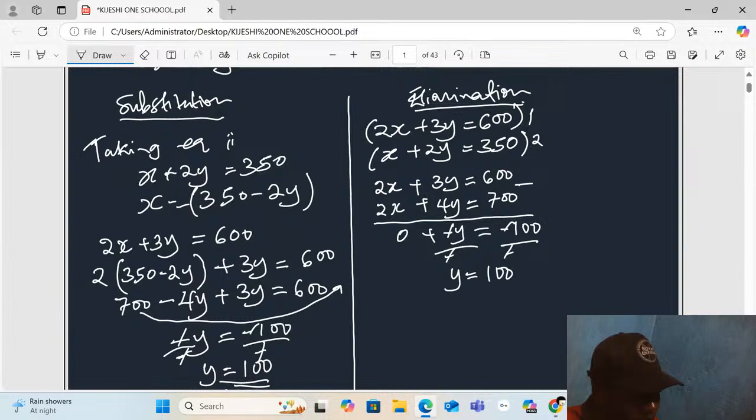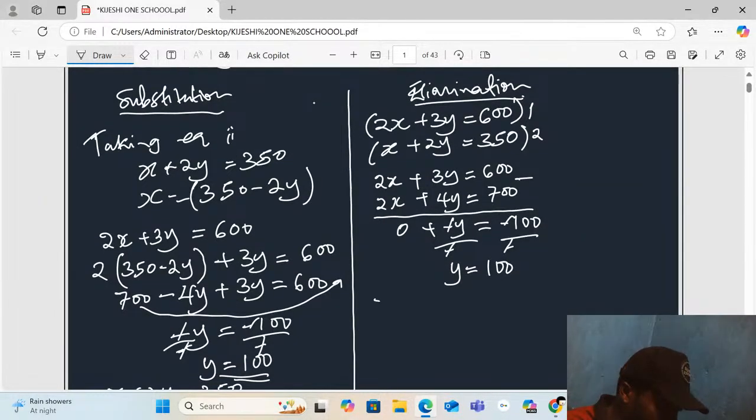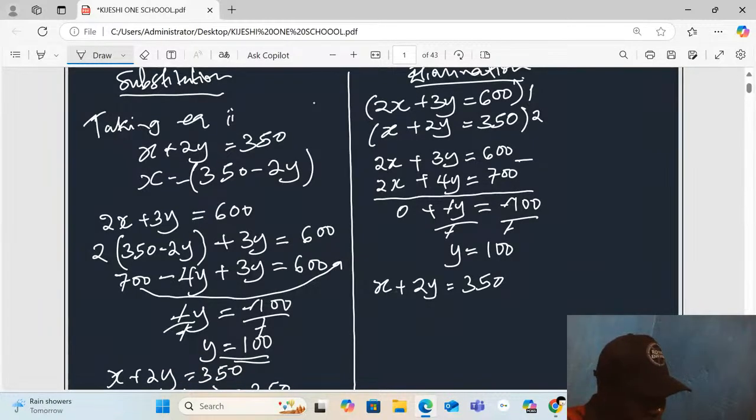Y equals to 100. Now, you substitute the value of y with 100 in any of the equations. Let's use equation 2. We have x plus 2y equals to 350. Where we have y, we substitute with 100. So we have x plus 2 into y, which is 100, equals to 350.